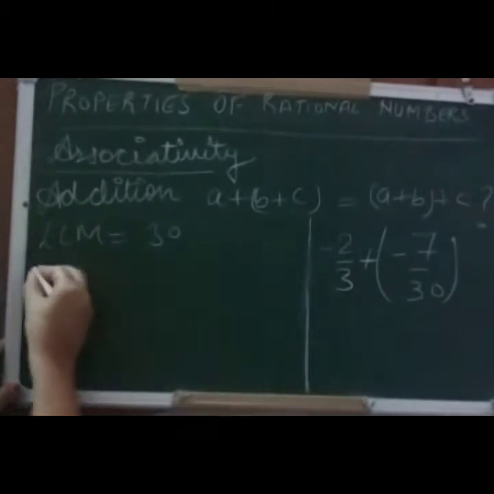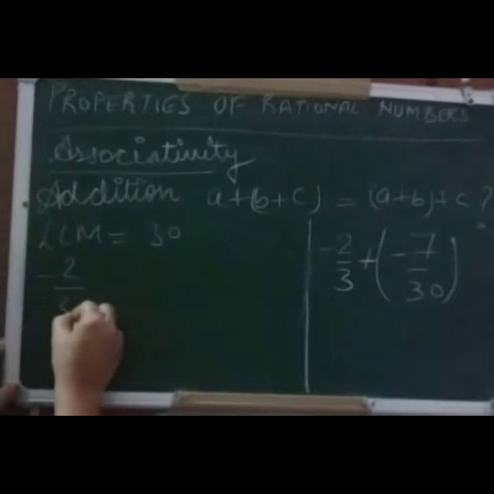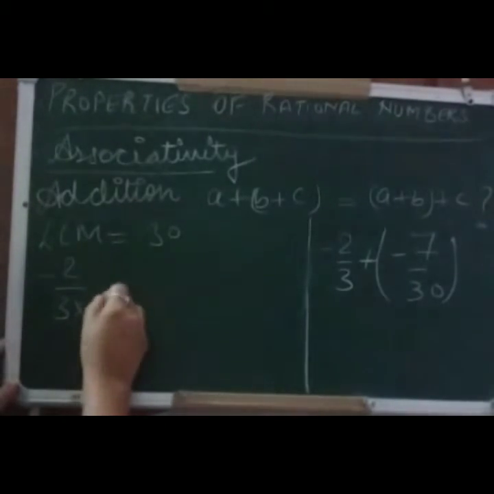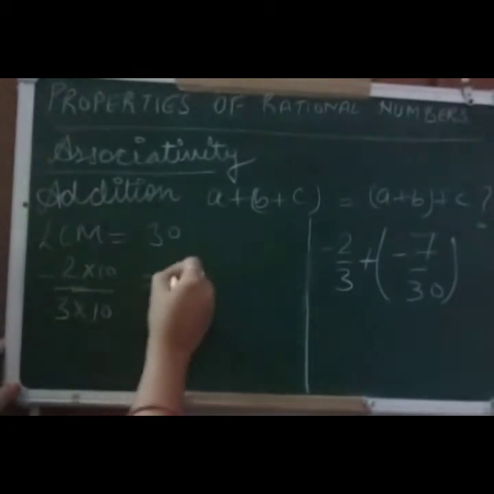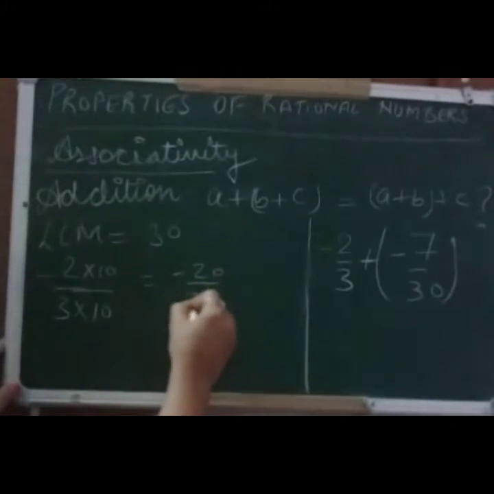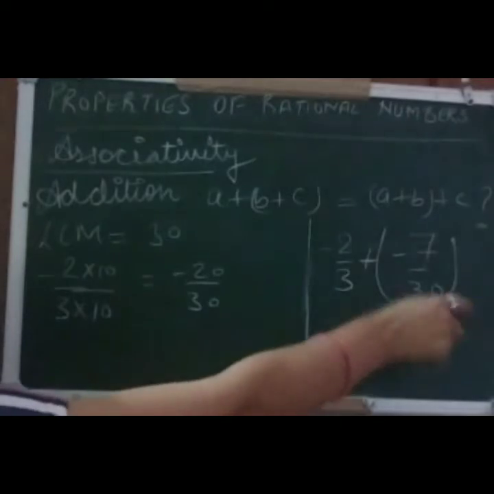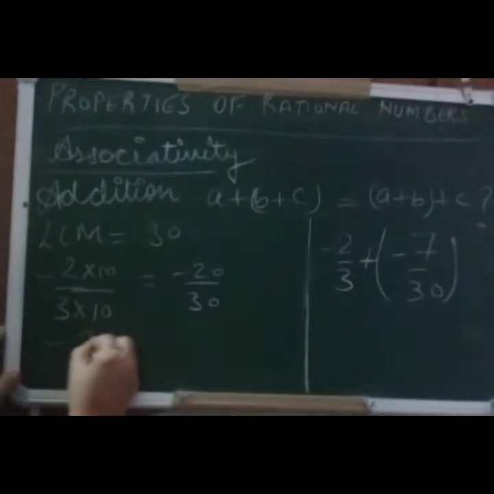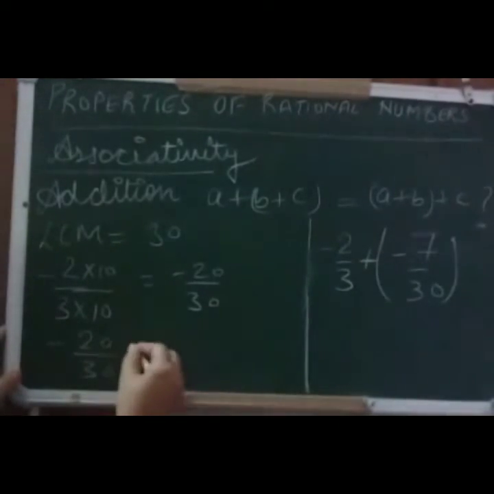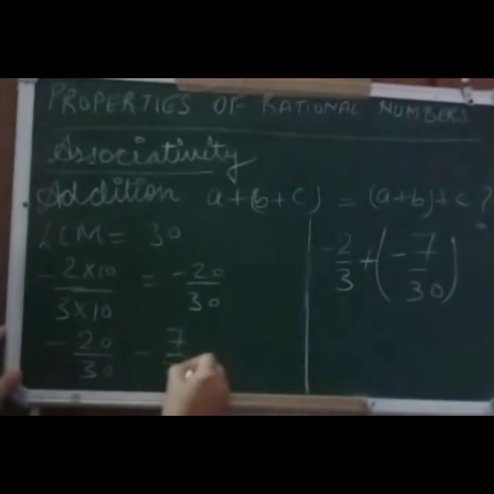Now make it 30. 2 by 3 means we will multiply it with 10, again with 10. Minus 20 by 30, the denominator is the same 30, so just solve it. Minus 20 by 30 and minus 7 by 30.